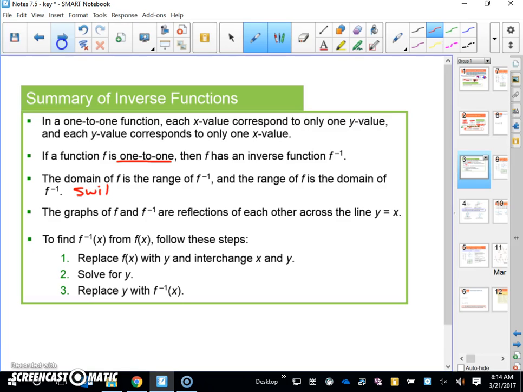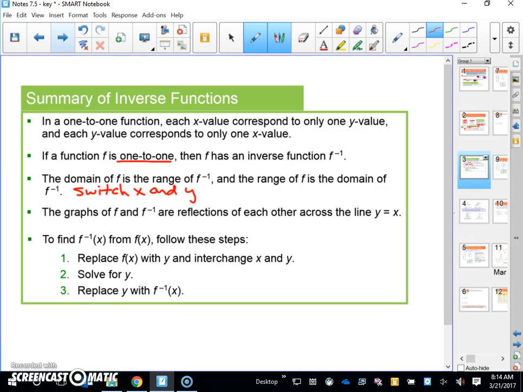Again, that's just reminding us to switch x and y. But we won't really talk about switching x and y. We'll be talking about domain and range, and it's going to be really important to think about the domain and the range of these functions. I'll give you a chart later, and you'll be able to reference that chart. The graphs of the function and the inverse are reflections of each other across the line y equals x.